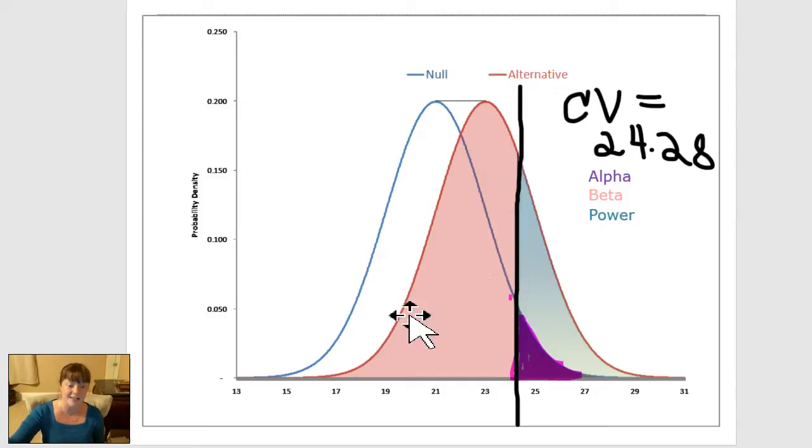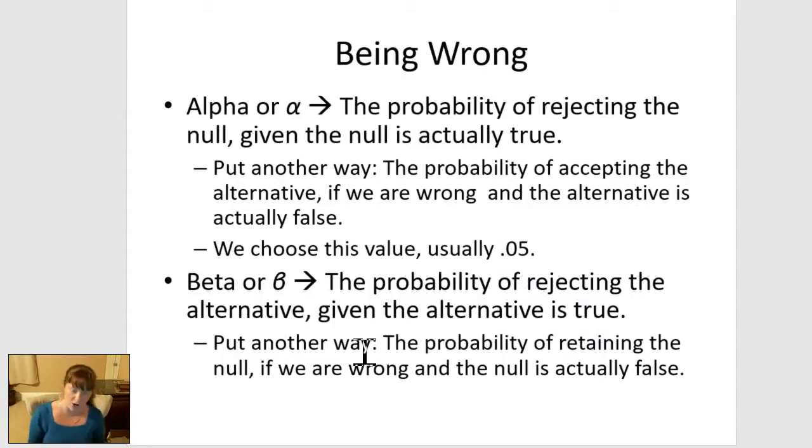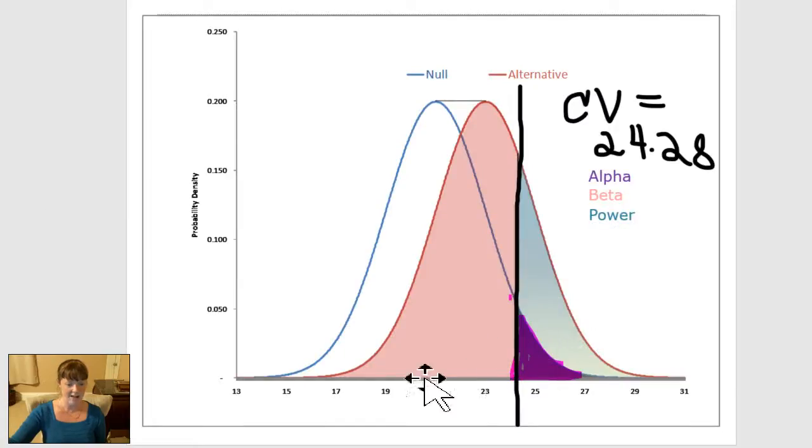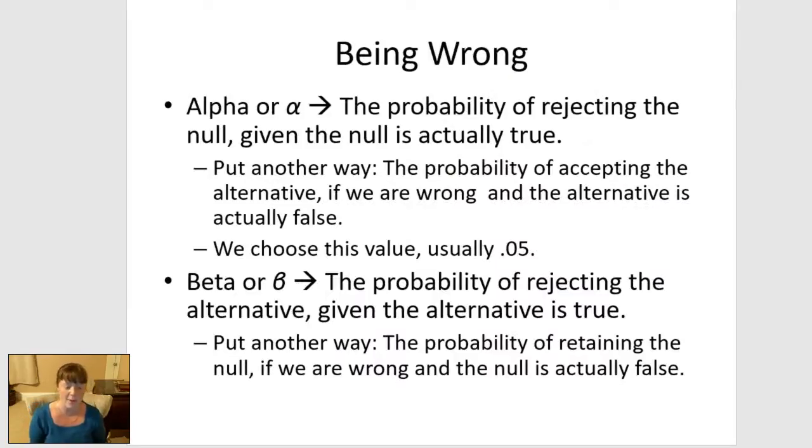So yes, beta is this area here, but beta is also the probability of rejecting the alternative even if the alternative is true. Anything over here, we're going to fail to reject the null, right? Beta is also the probability of failing to reject the null, but we should have. We failed to reject the null, but in reality, the alternative is true, and we should have rejected the null, but we didn't. So beta is the probability of doing that.